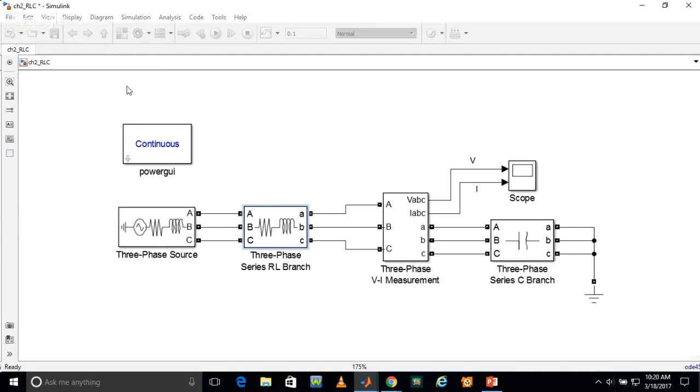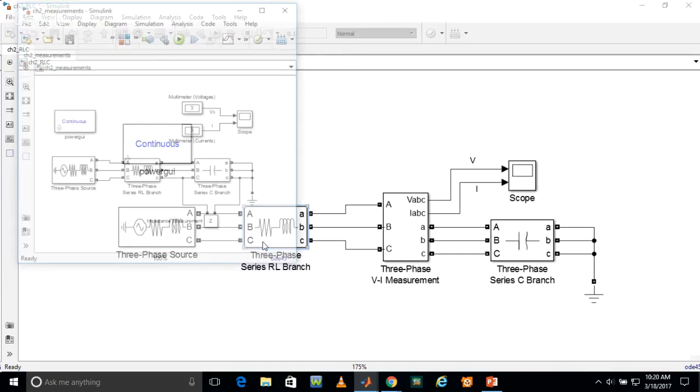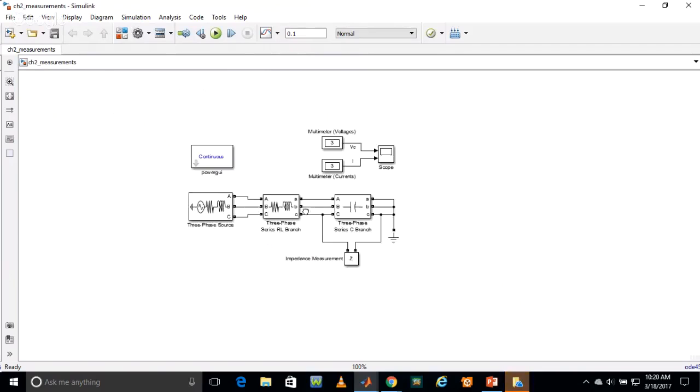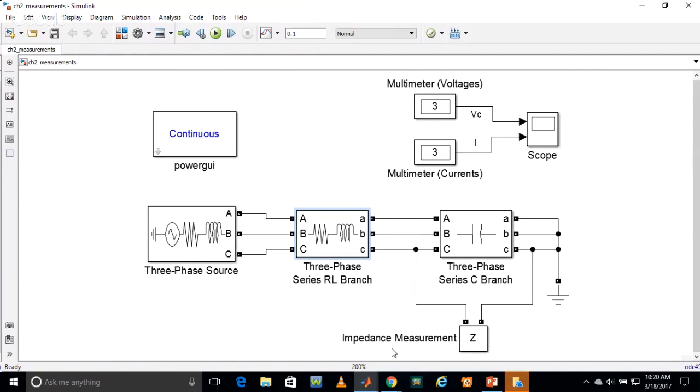Let's open that model. In order to calculate the measurement impedance, you can connect an impedance measurement device.